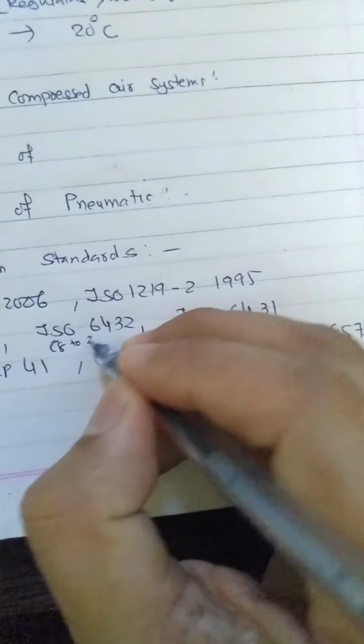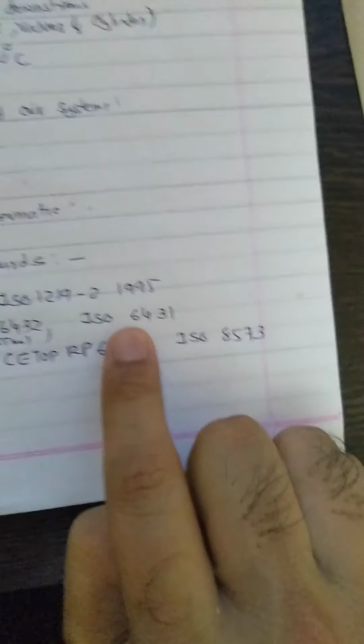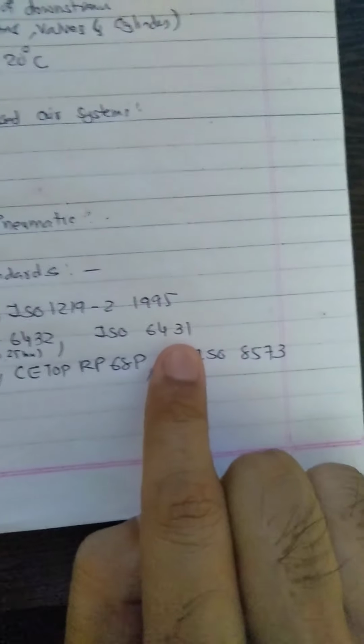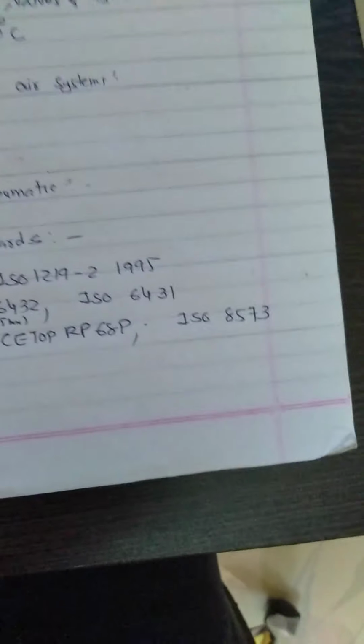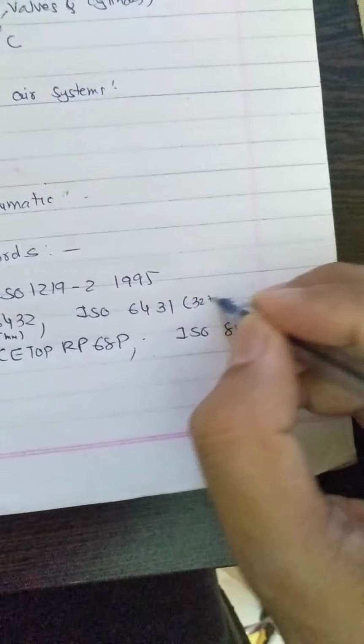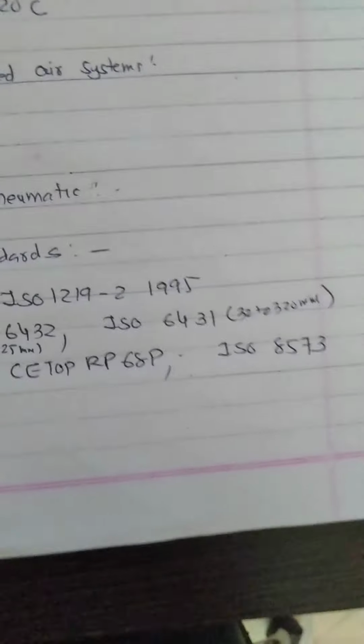Anything above that you will get from ISO 6431, which is the mounting dimensions of pneumatic cylinders for 32 to 320 mm or more.